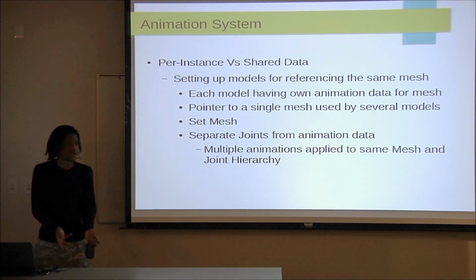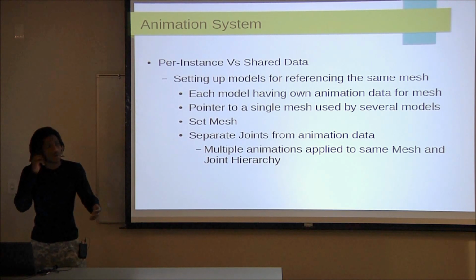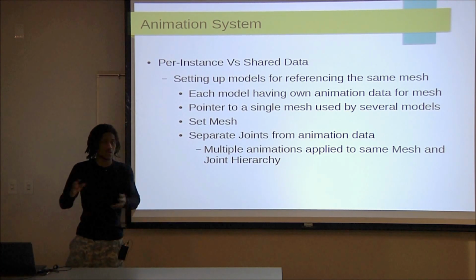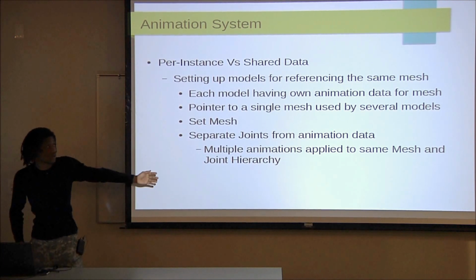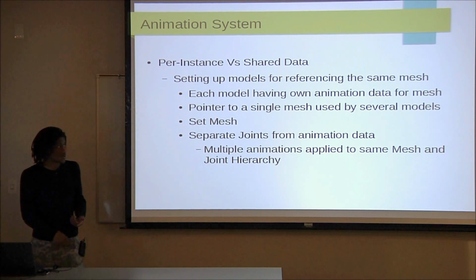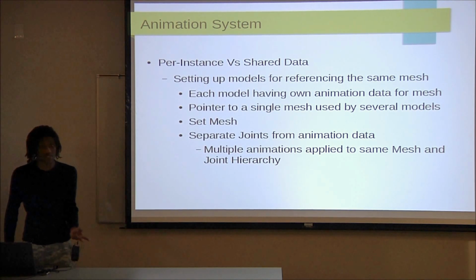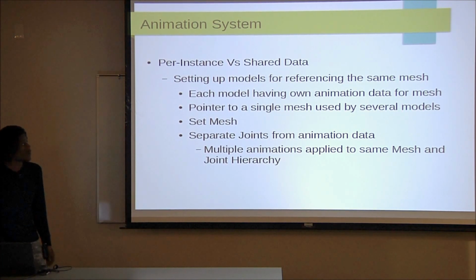Your specular map's usually not going to change at runtime. So why do you need a different copy for every single model? You don't, right? Same thing goes for animation data, specific animation data, materials, things like that, meshes, your hierarchy, your joints, if you have those separate as well.